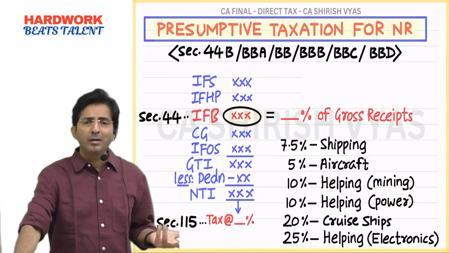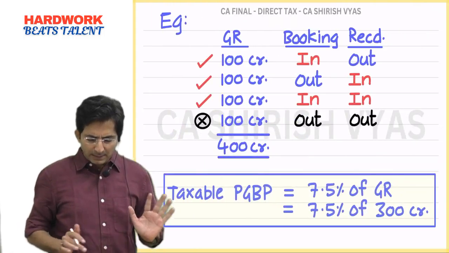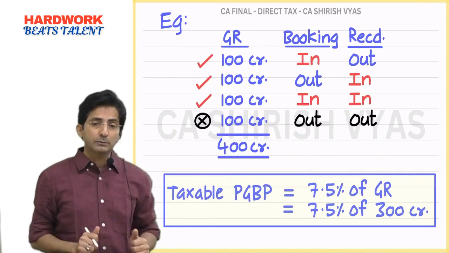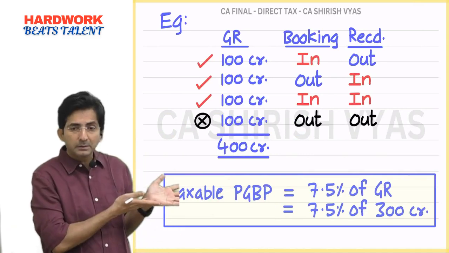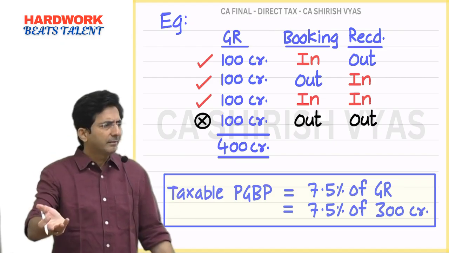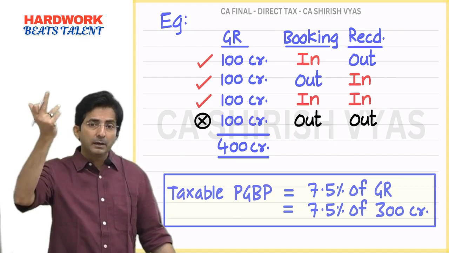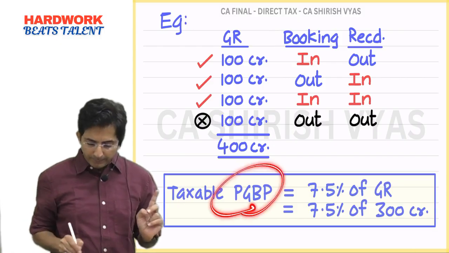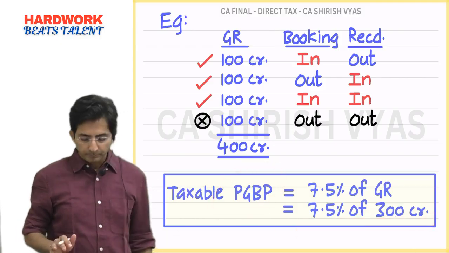Tax will be normal. See, these are special provisions for computing PGBP. If someone says how much tax will have to pay, depends upon who he is. If he is a sole proprietor, then slab rate. Foreign company, then 35%, depending upon the type of the assessee. But PGBP will be calculated in a special manner.